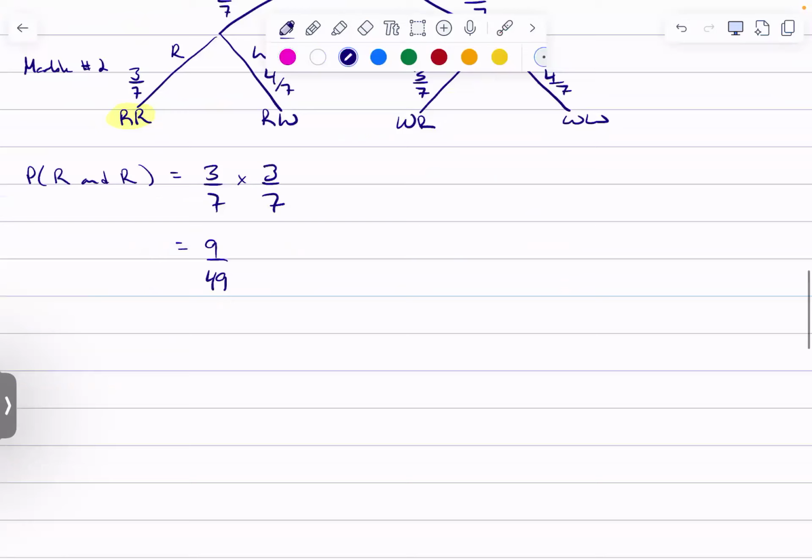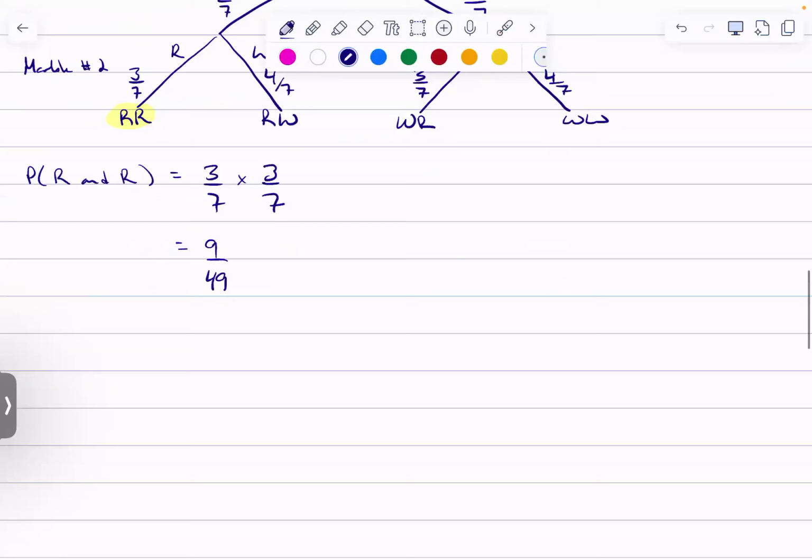The one I'm interested in is only satisfied by this first branch. So then the probability of R and R is going to be whatever I get when I multiply down the branch.